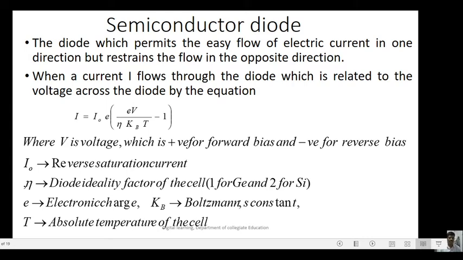I0 is the reverse saturation current. η is the diode ideality factor, 1 for germanium and 2 for silicon. Here e represents the electronic charge, kB is the Boltzmann's constant, and T is the absolute temperature.